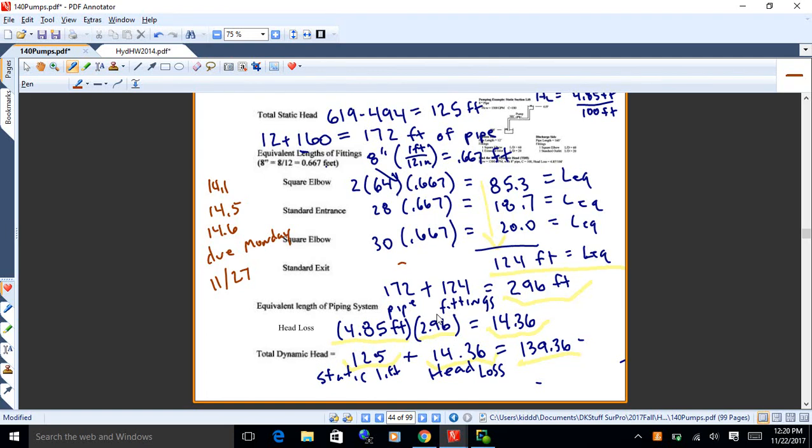Yes, it's on the top. I think it was 1,300 gallons per minute. So 139.36 TDH and 1,300 gallons per minute.